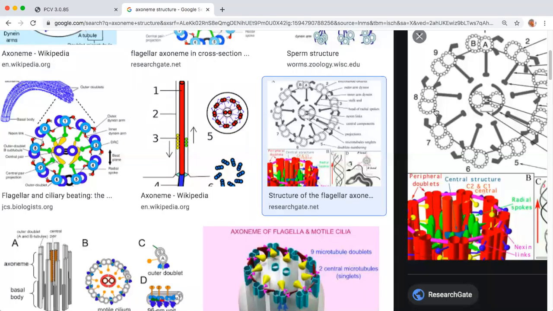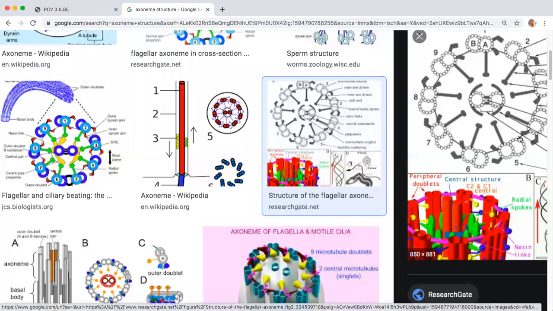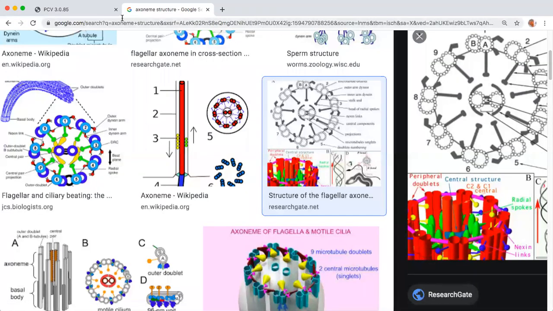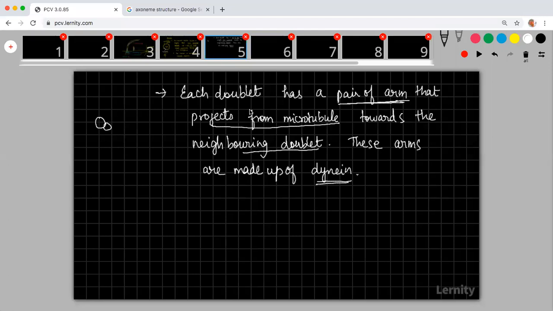So if you are able to see here, you are able to see these arms. Two things are showing. Each of these two things shown here is the arm that we are talking about. This is one more thing that you need to know. And then there is something called a radial spoke.